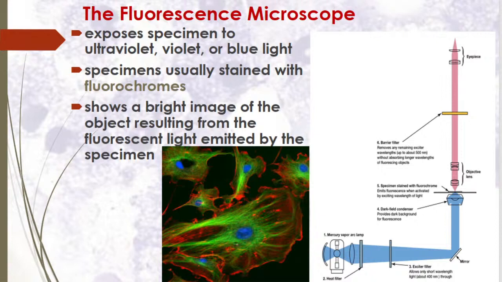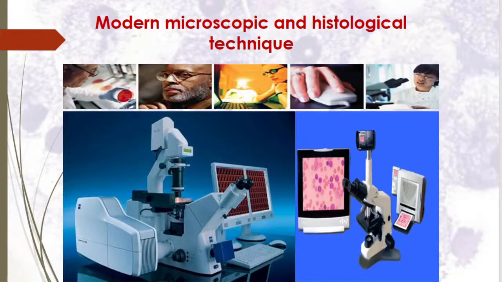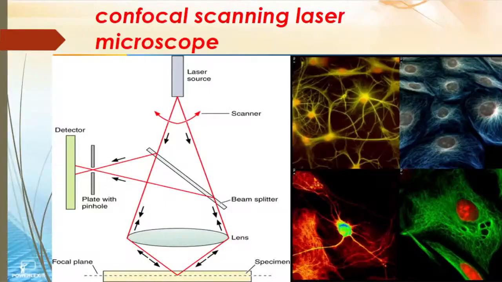Fluorescence microscopy is very popular not only in classical microscopy, but also in fluorescent immunohistochemistry for identification of different types of proteins. Let's now talk about very modern techniques, a famous one being the confocal microscope. This is a classical photo of the modern inverted confocal microscope.